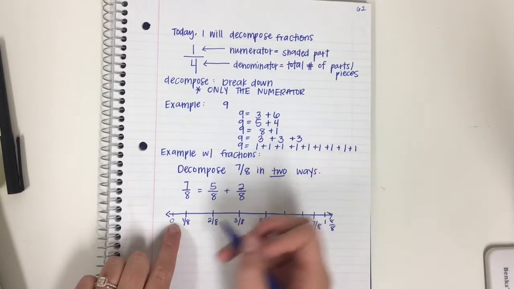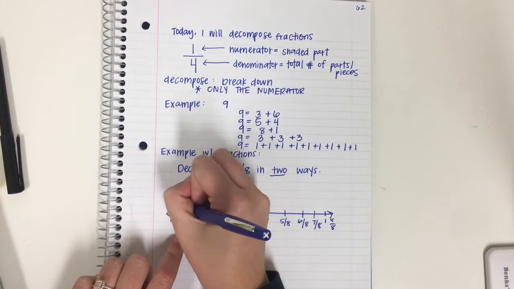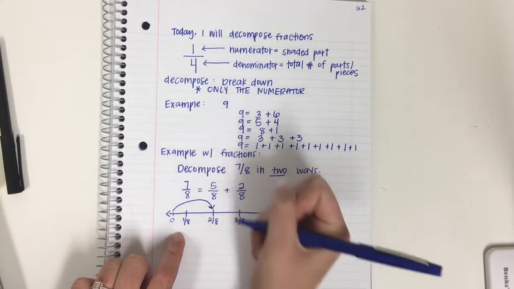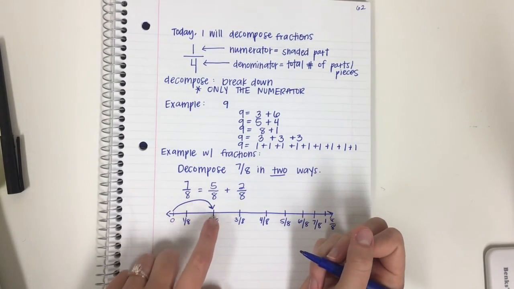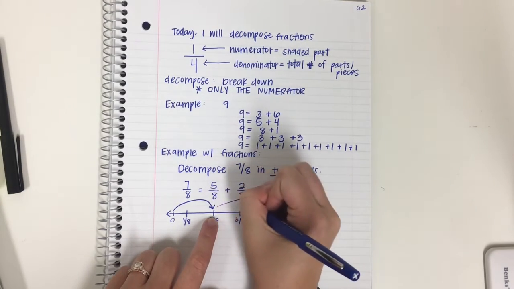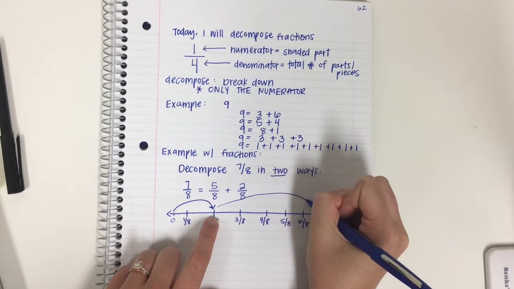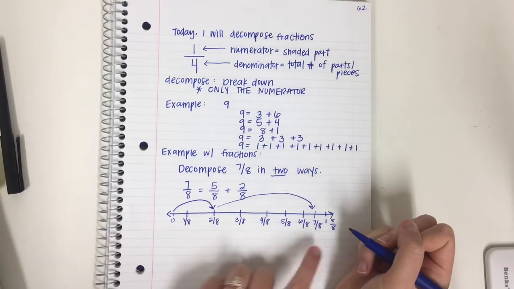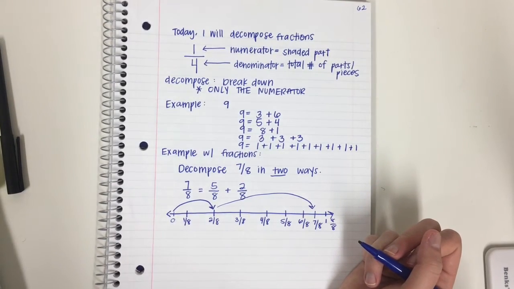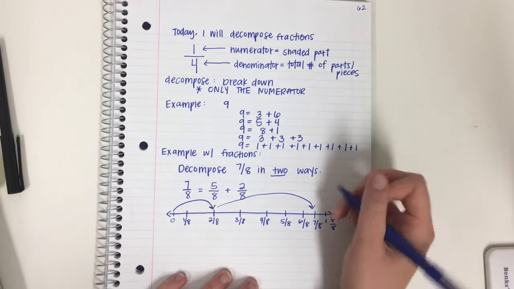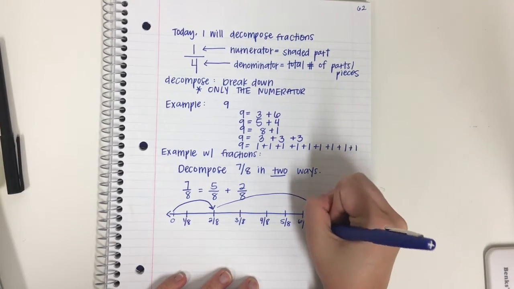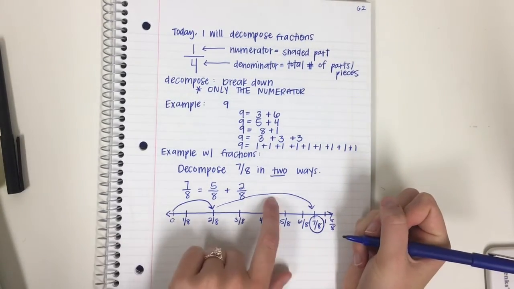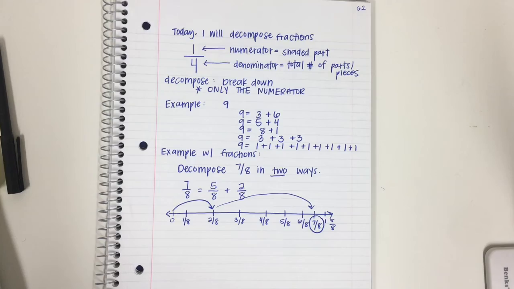So what I'm going to do, I need 2/8 plus what? 5/8. Okay, and that gives me 7/8. So I have 2/8 plus 5/8 gives me 7/8.